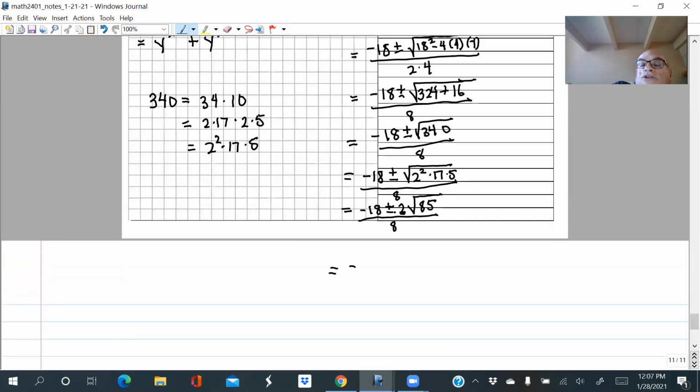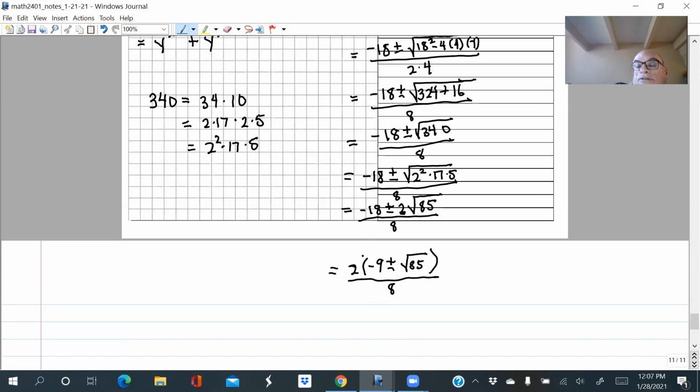Now, notice from the numerator, what number can you factor out from the 18 and from this radical? What divides into both of these terms? I think you can factor out a 2, correct? So when you factor 2 from 18, that leaves you with minus 9, and then plus or minus the square root of 85, you factor this 2 out, all over 8.